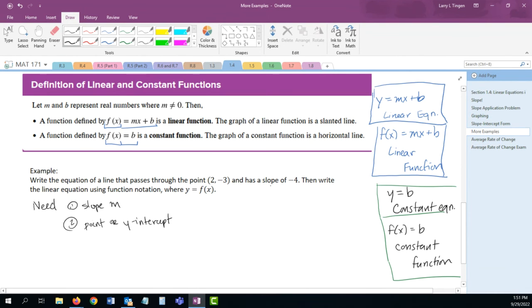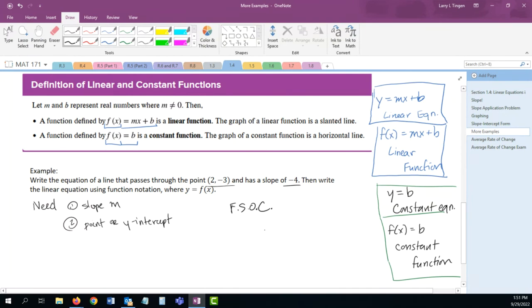Okay, well, they gave me the slope, I know that, and they gave me a point, which is this. I have the slope, I have a point, I do not know the y-intercept though. Now, some of you are thinking, oh, y is equal to negative 4x because the slope is negative 4. Let me actually write the equation. I'm doing something over here and it's going to be wrong. So you'll see me write FSOC.